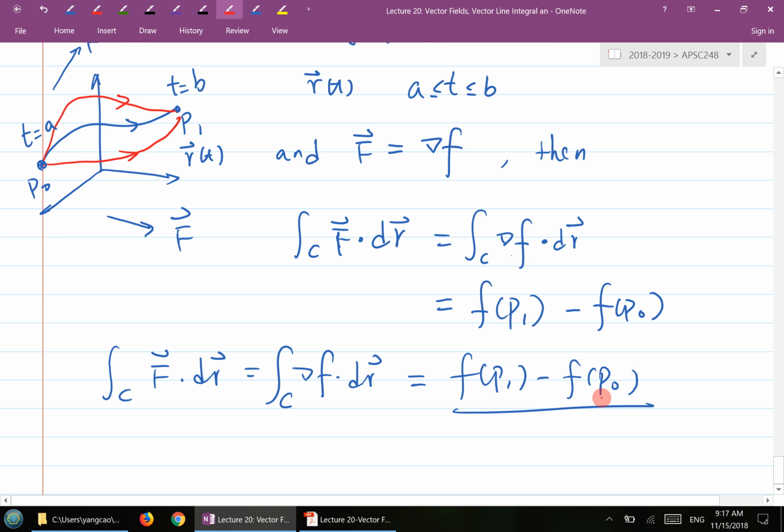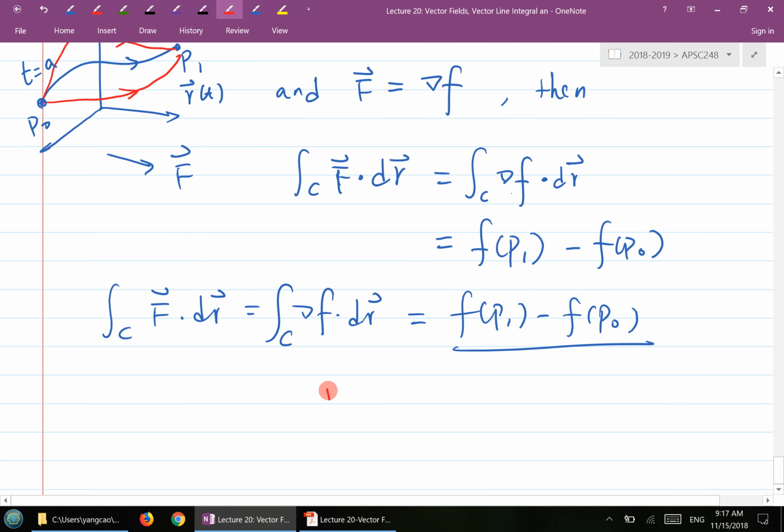It doesn't depend on the form of the path. It only depends on the starting and finishing points of the curve C. So this is what we call path independence.